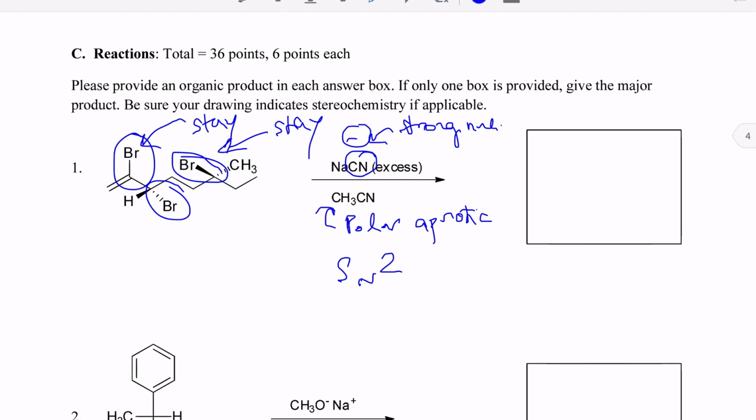So this cyanide ion will go and attack the carbon atom attached to the bromine, and this will cause the bromine group to leave, right? And not only that, but it causes the hydrogen attached to that carbon to invert its orientation. So instead of going out of the page, it goes into the page. And our final product is as follows.